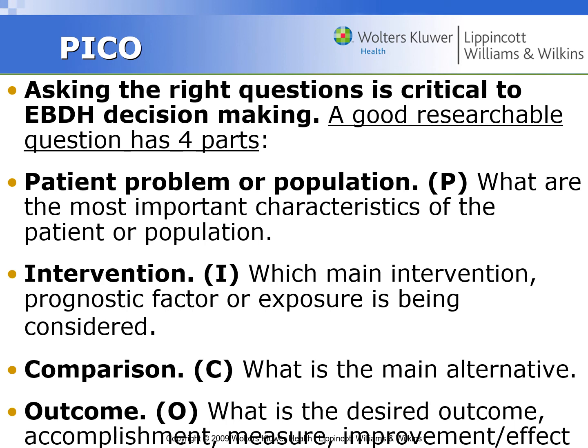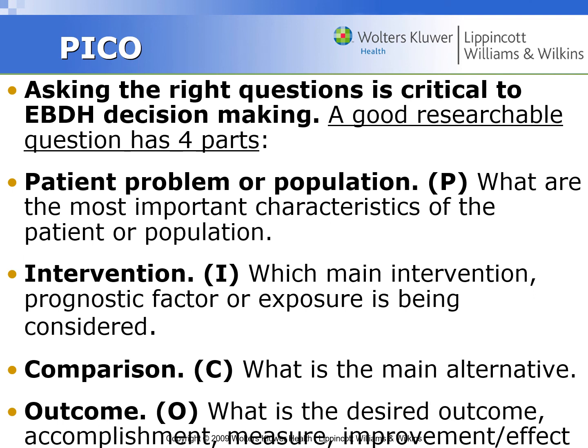The first part, when you have a question that you need to research, is what kind of patient, is it a patient problem? Is it a patient population? So P is the very first. What are the most important characteristics of the patient or population? So you write that down.